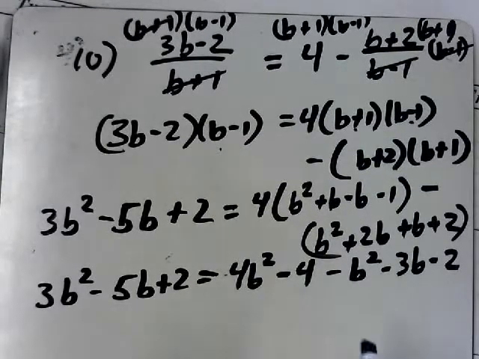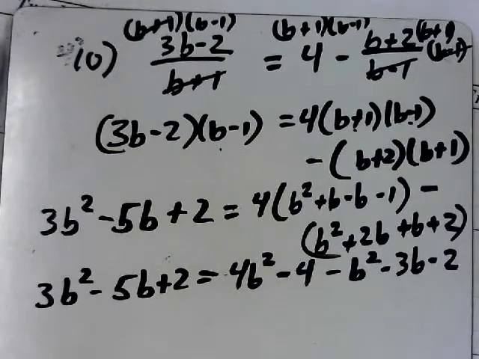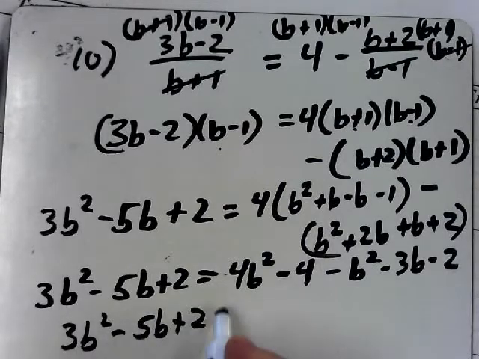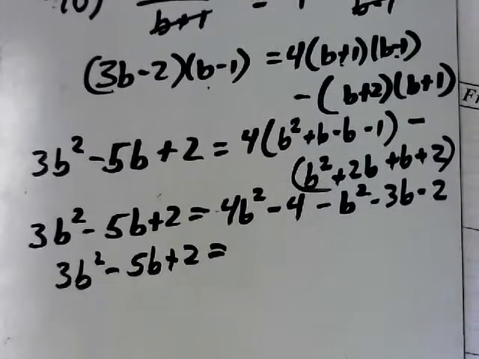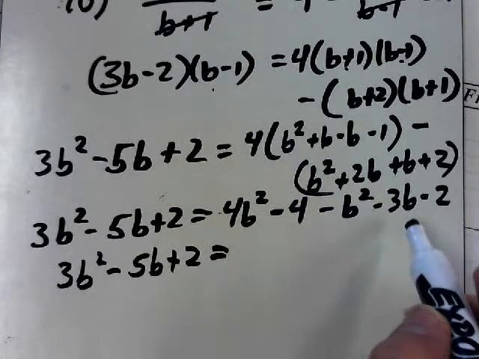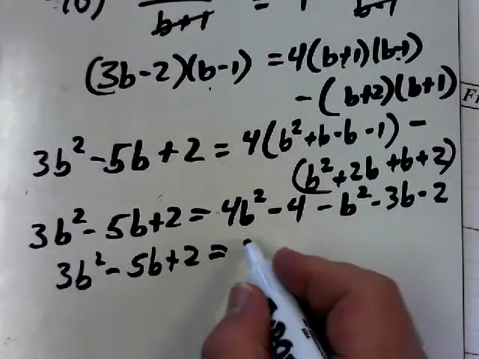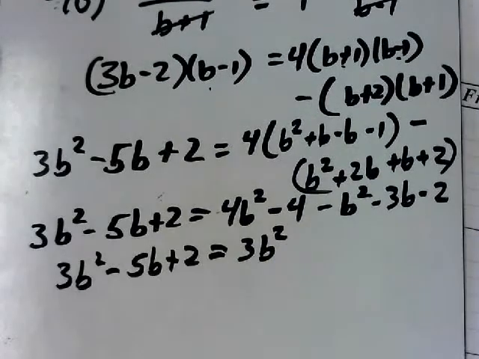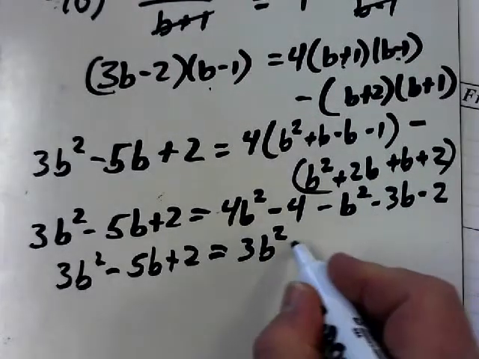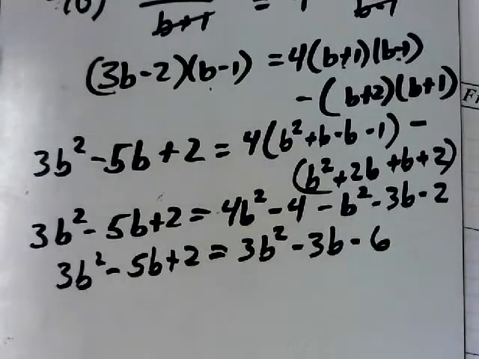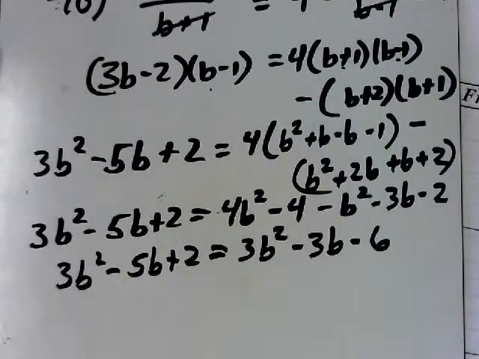Is there anything I can simplify left or right side right now? Well, on the right hand side I can simplify this b squared and this 4b squared, which would give me 3b squared minus 3b minus 6.